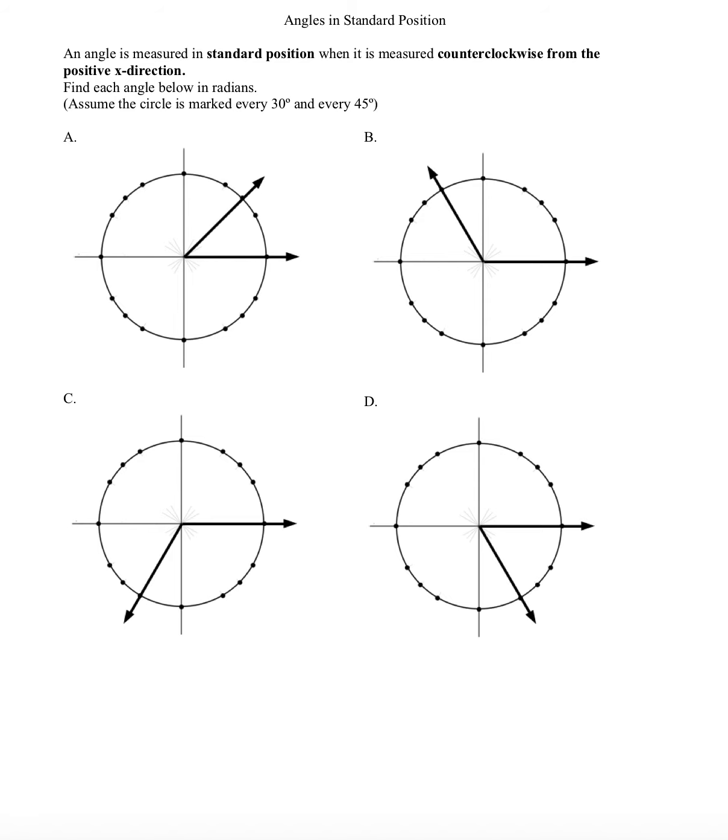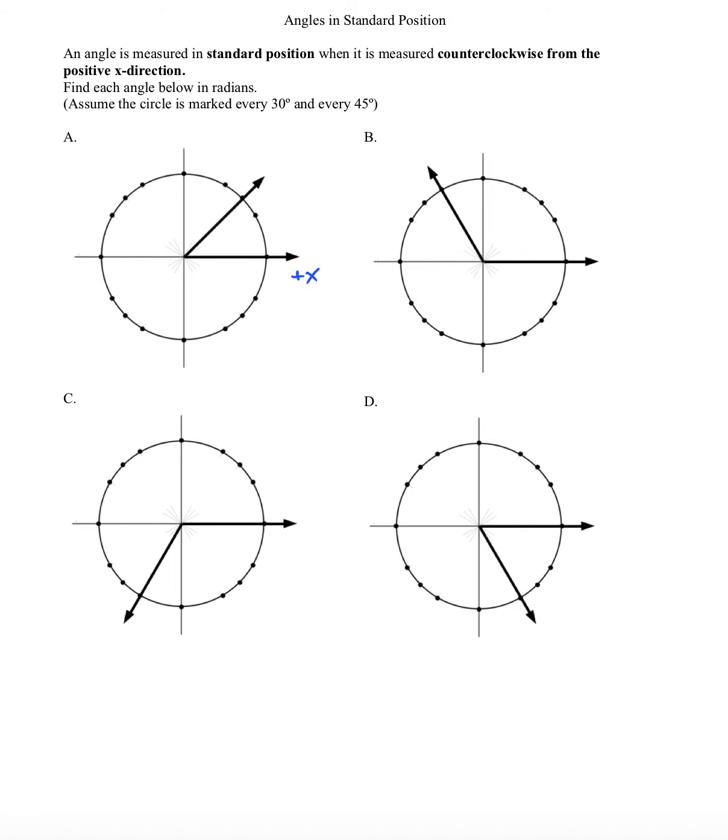Okay, so that brings us to what is an angle in standard position? An angle is measured in standard position when it's measured counterclockwise from the positive x direction. So luckily, one of the rays of each of these angles does point in the positive x direction.